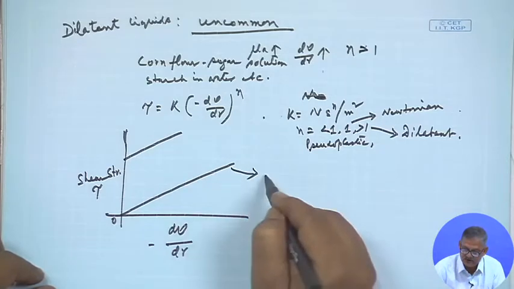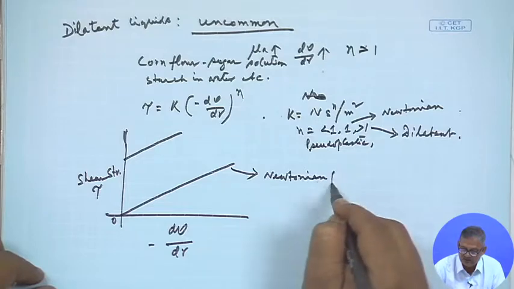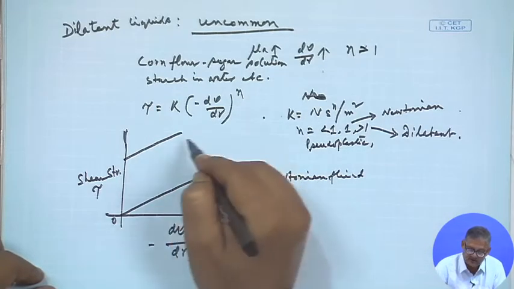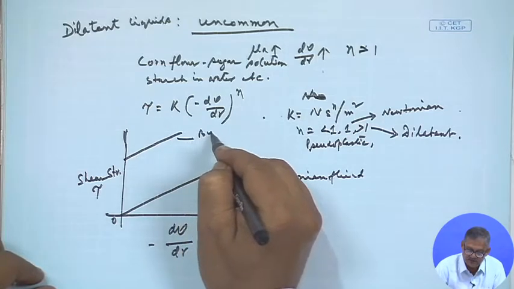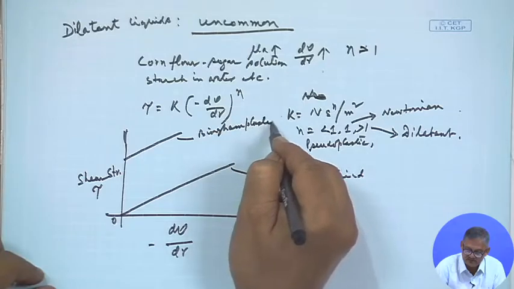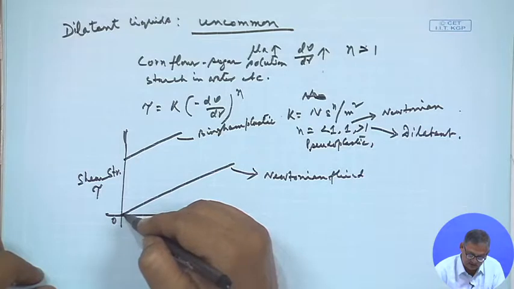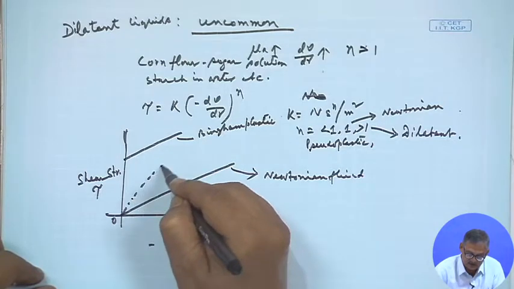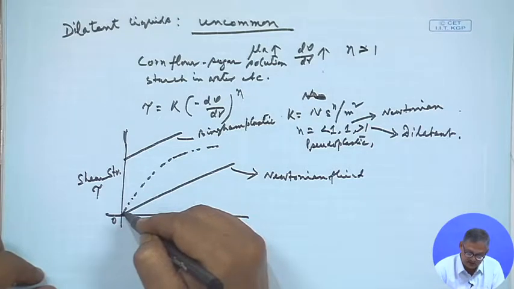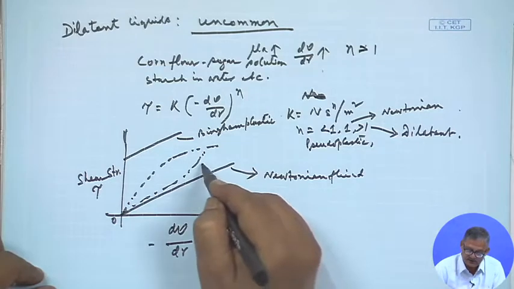So, this we call Newtonian fluid. This is Bingham plastic. Then for pseudoplastic it is like this, for dilatant it is like this, right.